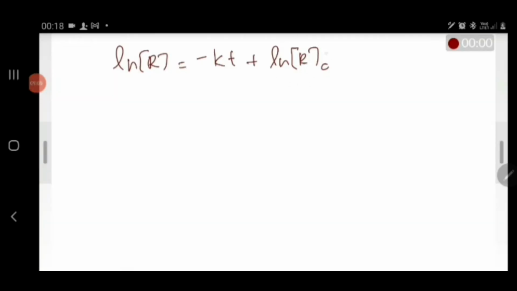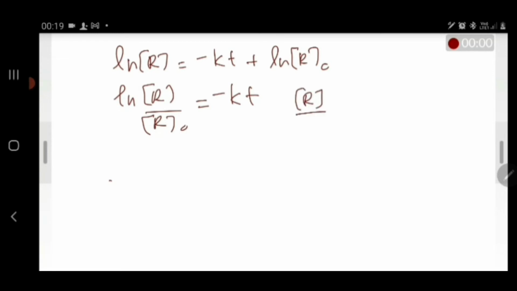If you take this ln R naught to the left hand side of the equation, you can write ln R divided by R naught is equal to minus kt. This equation could be written again, if you remove the natural logarithm, as R by R naught is equal to e raised to minus kt.